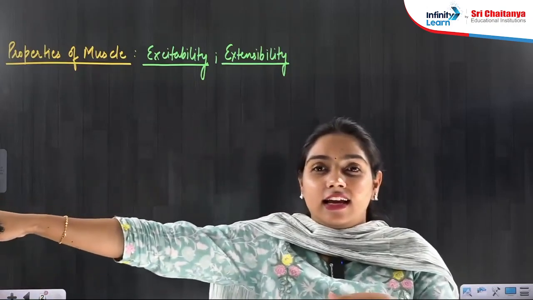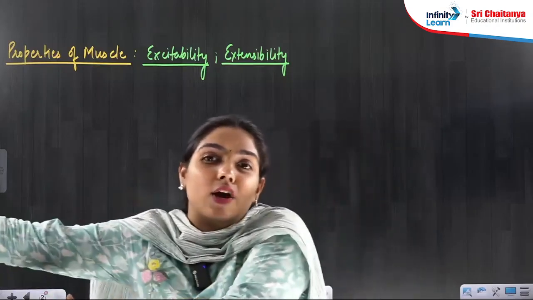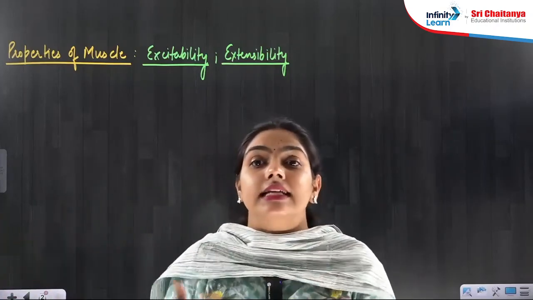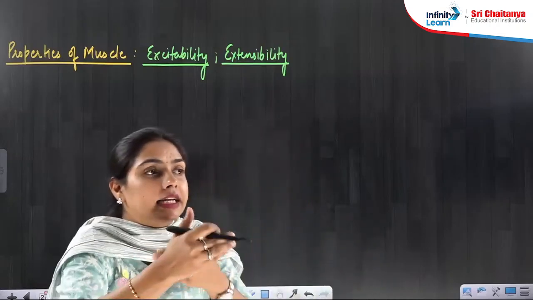You are too lazy to get up and go to the other corner to take the remote if you want to see something else. So what will you do? You will just extend like this, you try to extend your body. Why? Because your body has muscles and your muscles have extensibility. They can elongate a little bit. That is extensibility.